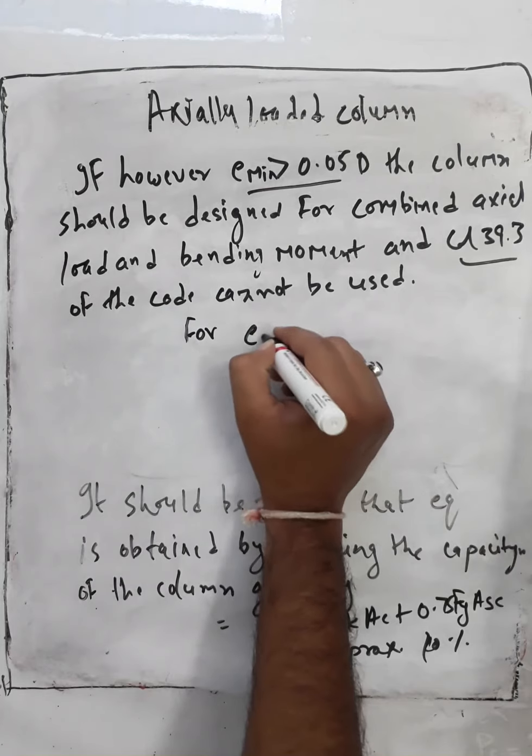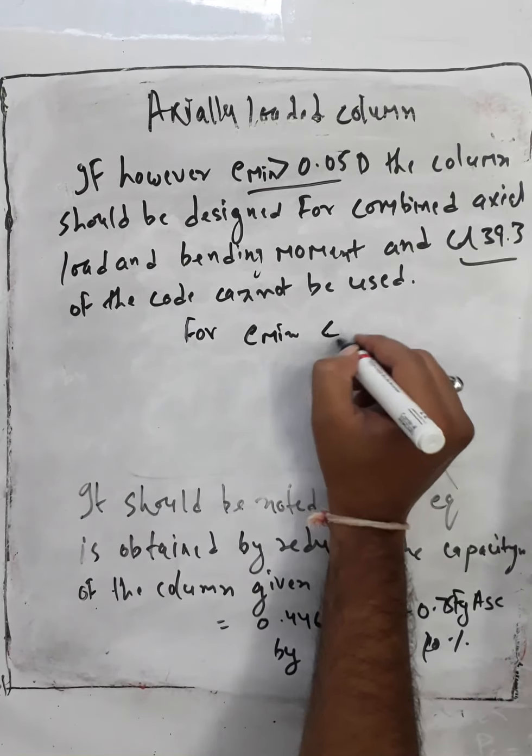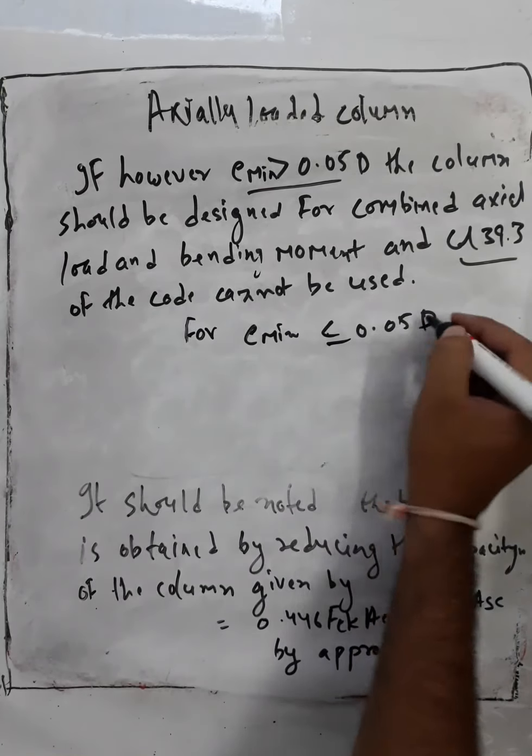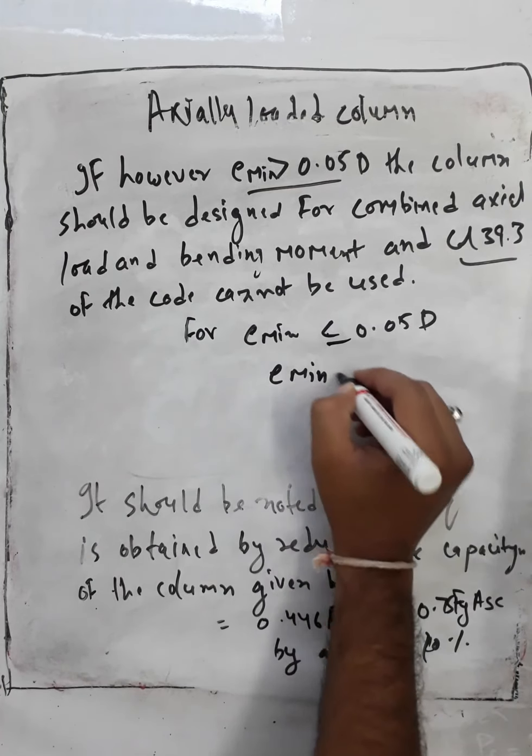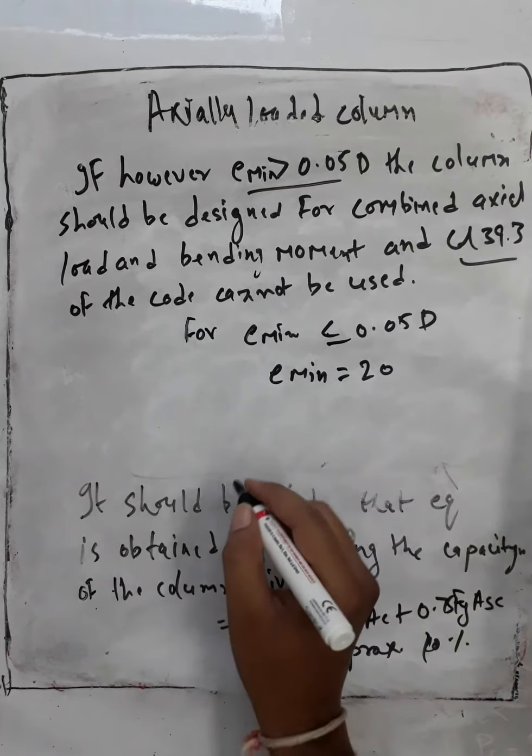We say for E minimum less than or equal to 0.05 D, and we know that maximum E minimum is equal to 20.